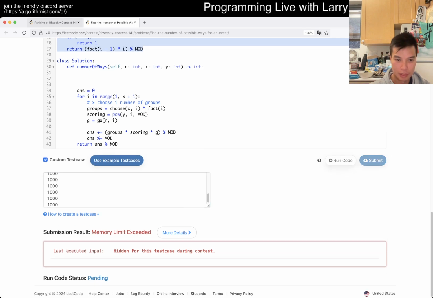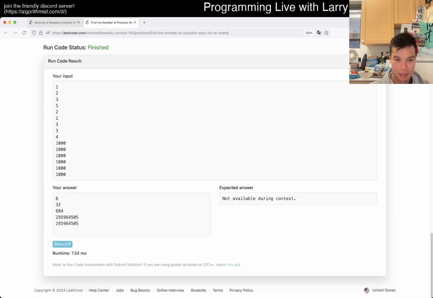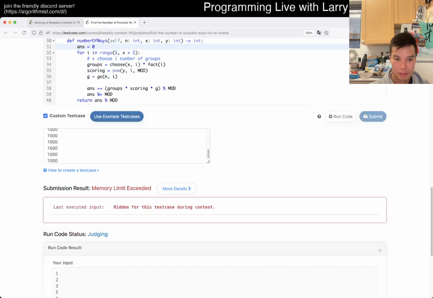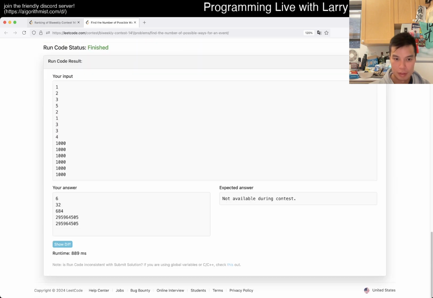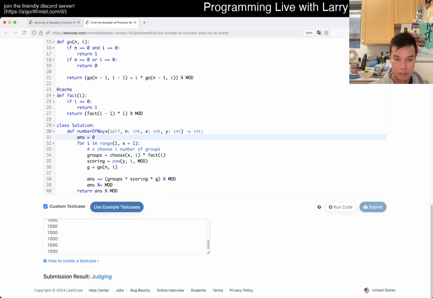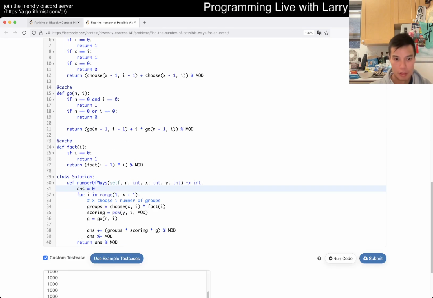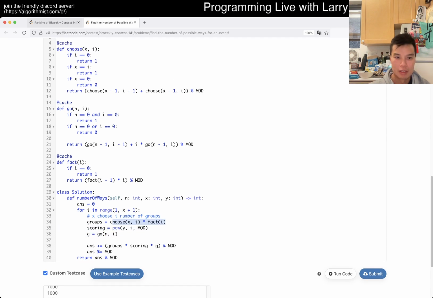But if I have 2 of these, that still takes whatever. So okay, fine. Yeah. And let's optimize this a little bit. This is just, I mean, yeah.